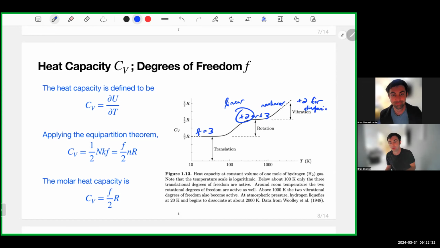So for a diatomic molecule, 2 atoms connected together, you have F equals 3 for low temperatures, F equals 5 for medium temperatures, and room temperature would be medium temperature. And then for really high temperatures, F equals 7.